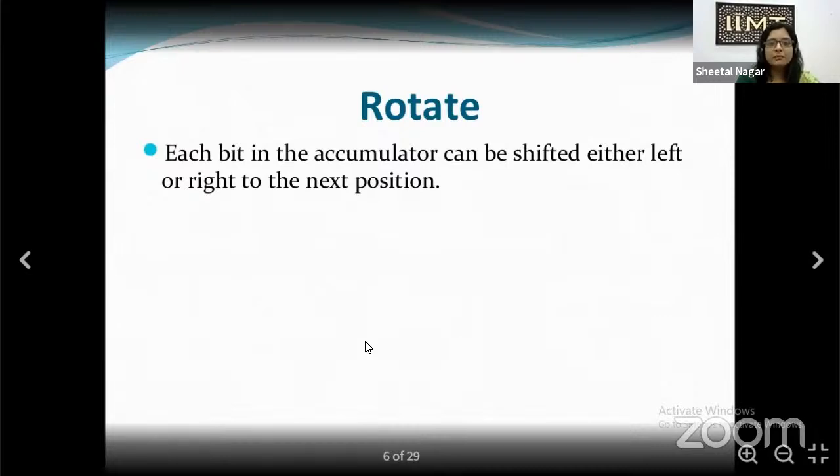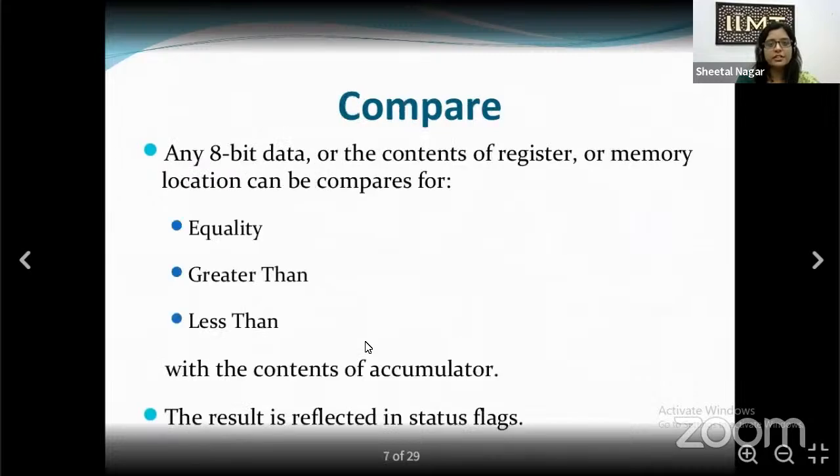With the help of rotate instruction, we can rotate the contents of accumulator through carry also. Two instructions for simple rotation and two instructions for rotation with the help of carry. We have four instructions in rotate group.